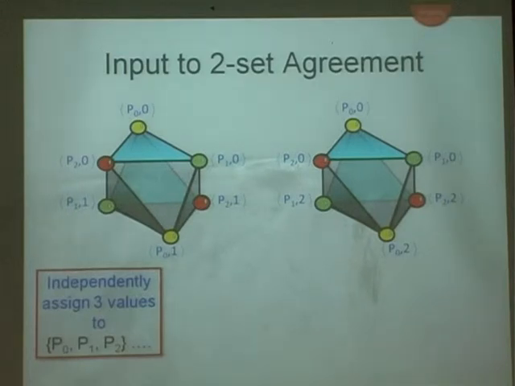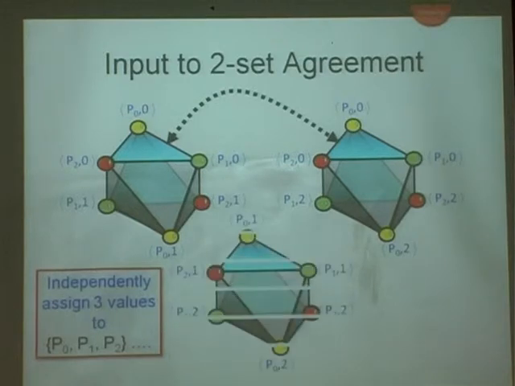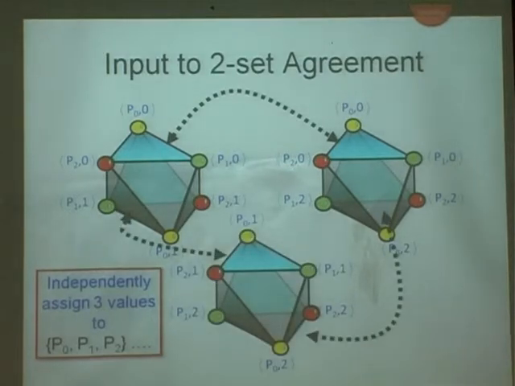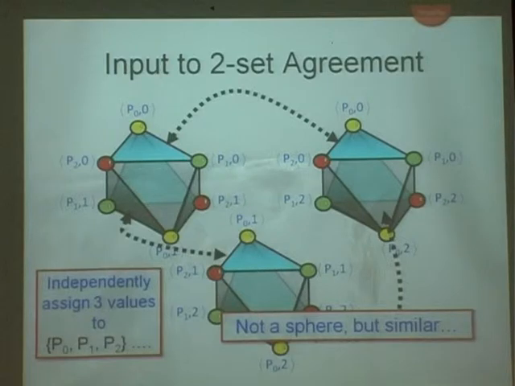It's the same sphere that we saw before. So this is all the ways of assigning 0 and 2, and those two edges are the same. Then when we continue this process, we end up with this kind of ring of spheres. And that's not actually a sphere, but topologically it has many of the same properties.